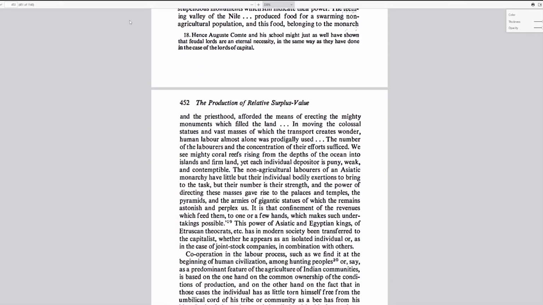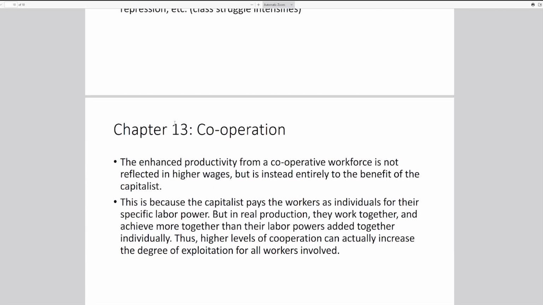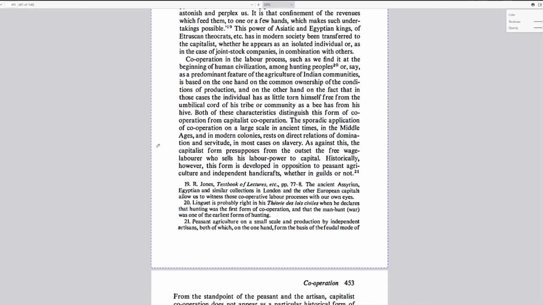But let's see. I think that's mostly what I got for the cooperation chapter. Again, there's more in here about, I think he's talking about harvesting crops, for example. You have to harvest crops within a very narrow time window. And so if it's just one farmer or two farmers at a time, they literally cannot work enough hours in the day to successfully harvest all the crops within a certain window of time.